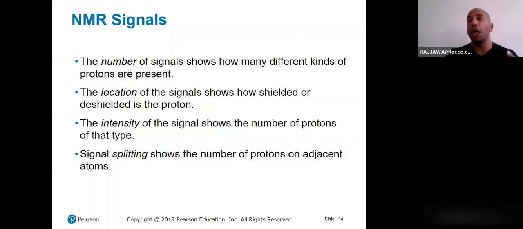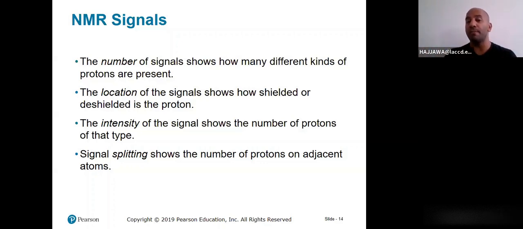The fourth, the shape of the signal, which is called signal splitting. This is an interesting outcome that we need to study really carefully, so I'm going to be visiting this point later on. But in brief, the shape of the signal, or the signal splitting, will depend on adjacent carbon hydrogens. How many hydrogens you have on the adjacent carbons, plus 1.